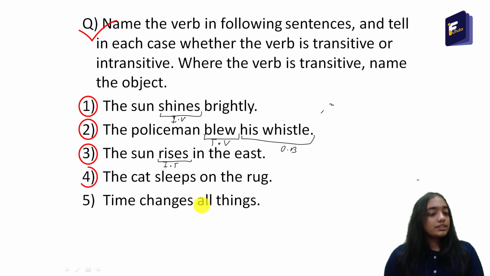In the next question, the cat sleeps on the rug. Sleeps is the verb here. If I ask the question, the cat sleeps what? Then "on the rug" is not the answer. That is why sleeps is intransitive.